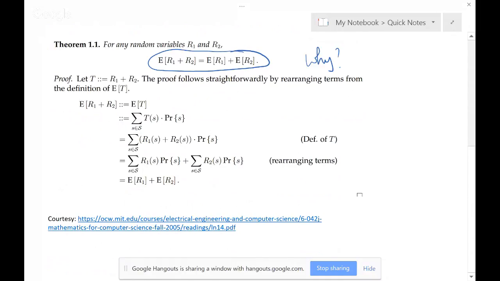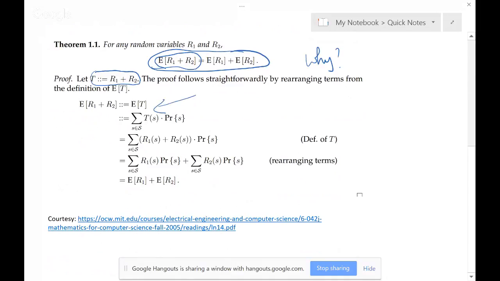Let's notice one thing about this proof here. You're creating this new random variable T, that's the sum of R1 plus R2. Now you can think of the expectation of R1 plus R2, which was the left-hand side of the equation that we wanted to prove. Intuitively, what you're doing is combining R1 and R2, and in this proof at least, you're looking at it as a single random variable.